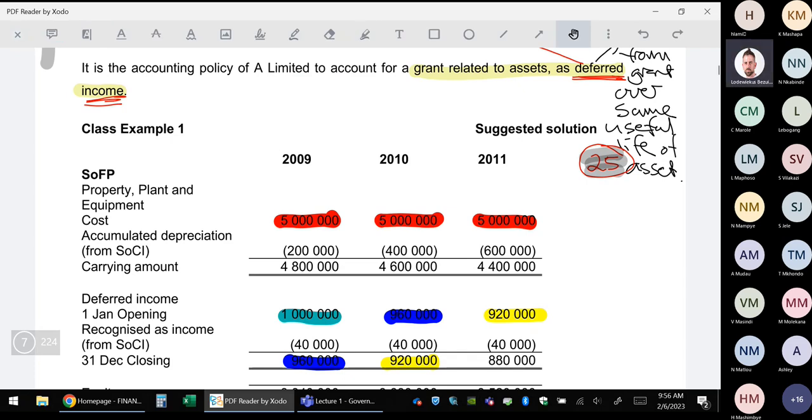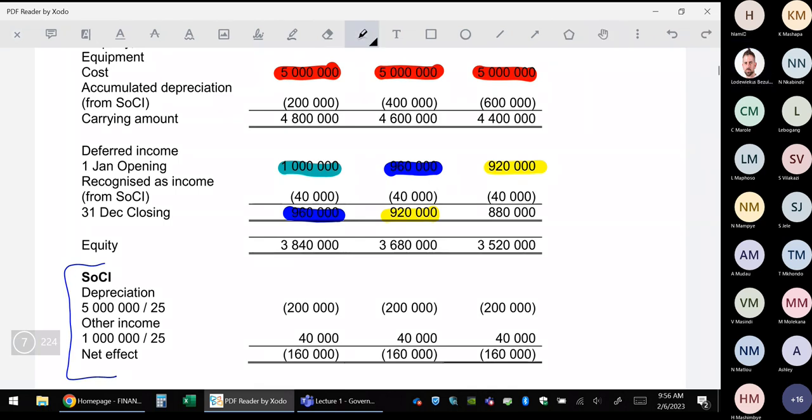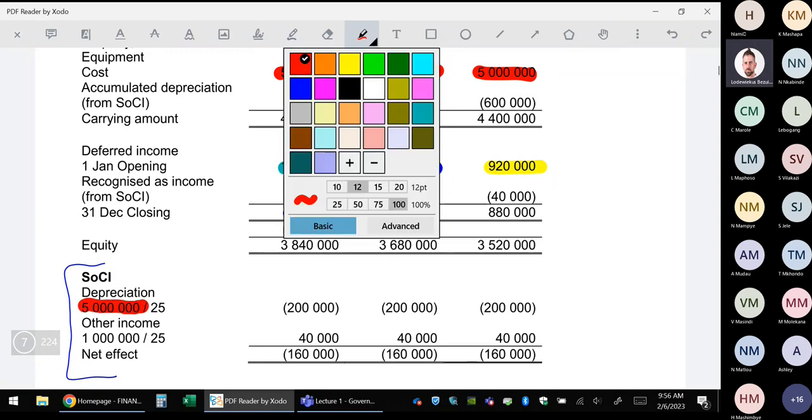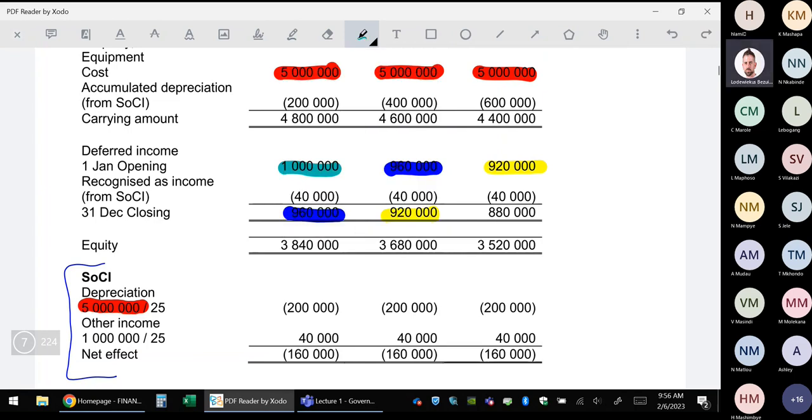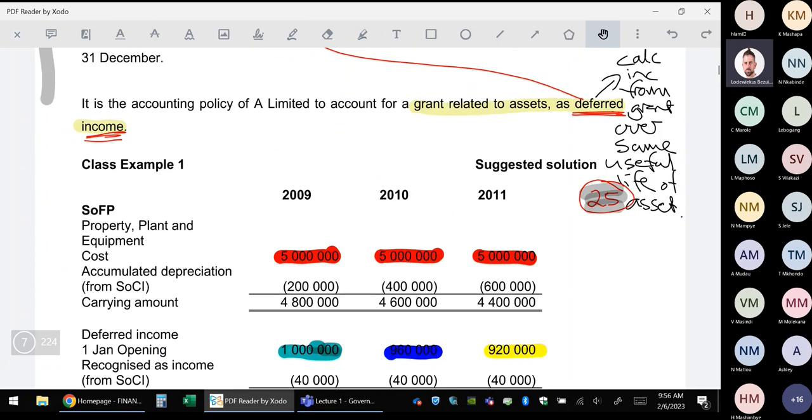Right. So our basic principle is that the cost of 5 million and the grant of 1 million is accounted for by using the same depreciation rate, because the asset's useful life was given as 25 years.